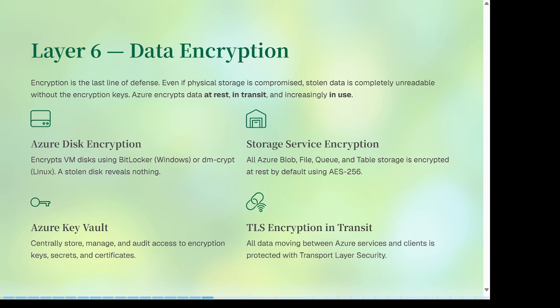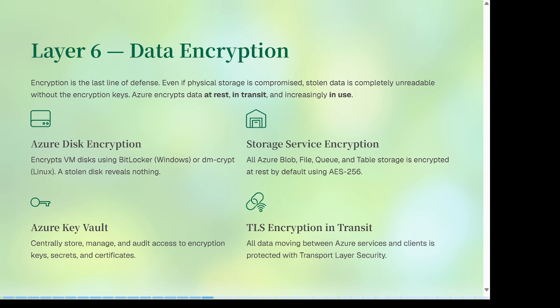Azure Disk Encryption protects virtual machine disks. On Windows systems, it uses BitLocker. On Linux systems, it uses dm-crypt. So even if someone steals the disk or makes a copy of it, the data remains fully encrypted and unusable.